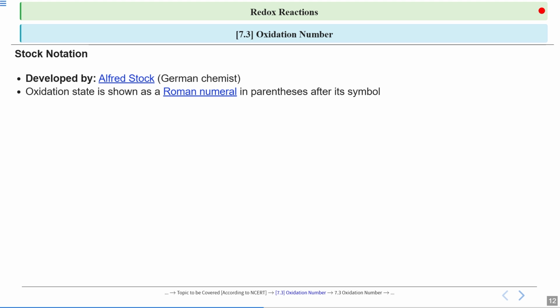The oxidation number is always shown as a Roman numeral in parentheses after its symbol. The Stock notation represents the oxidation number of a metal in a compound. For example, if we consider zinc existing in the +2 oxidation state, we will write II after zinc in a Roman numeral.